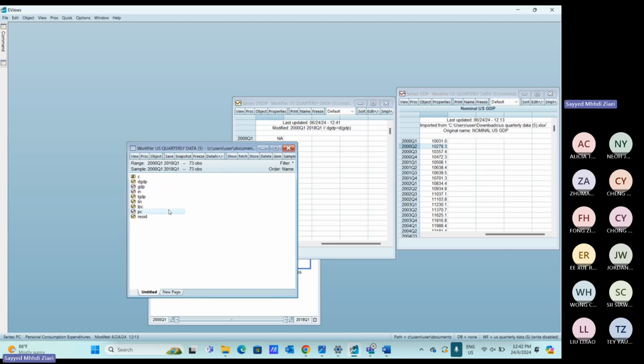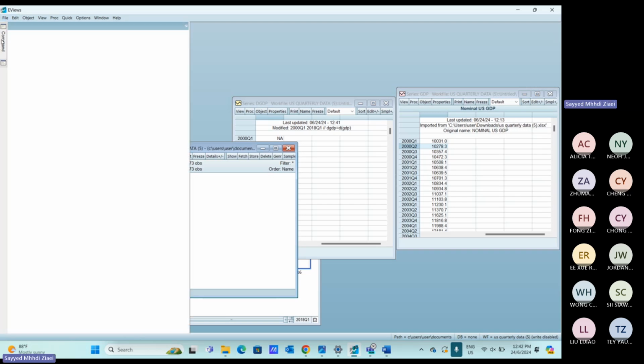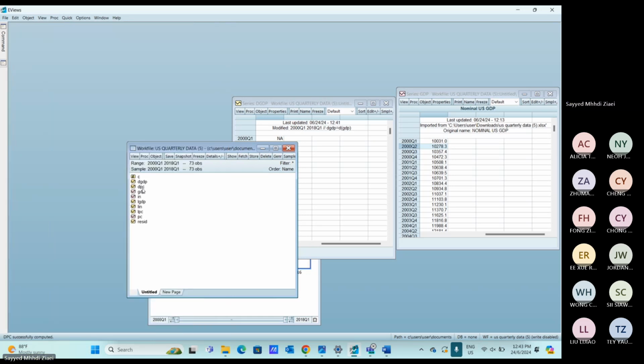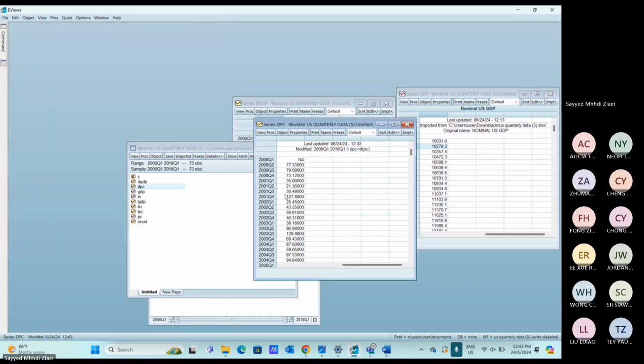For the other variables that you have in your regression, do the same. Again, go to the command part. D PC is DPC, and then enter. So DPC pops up.